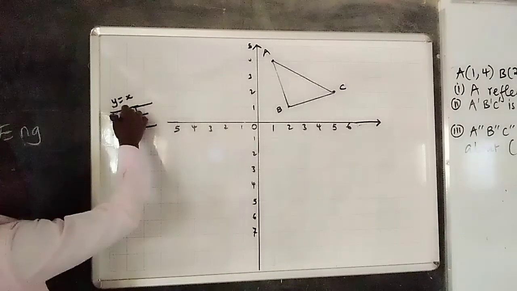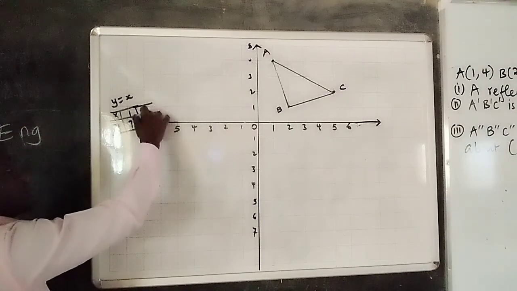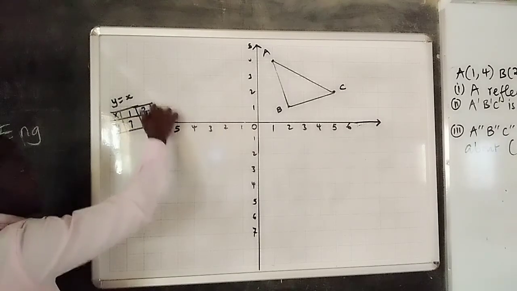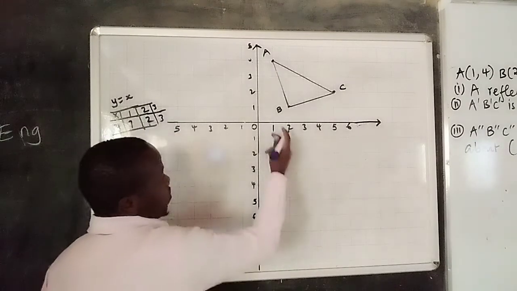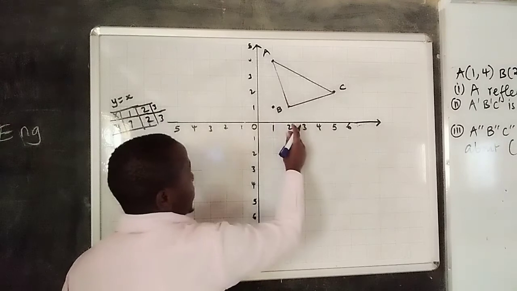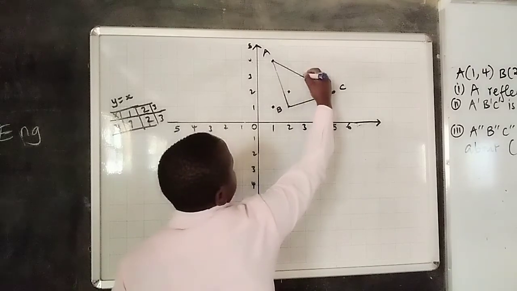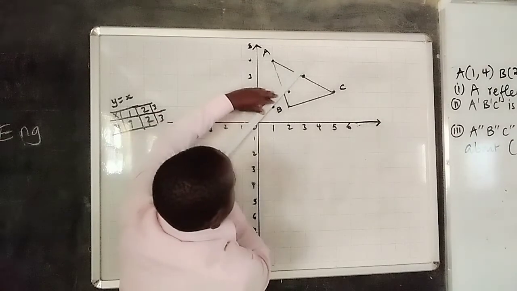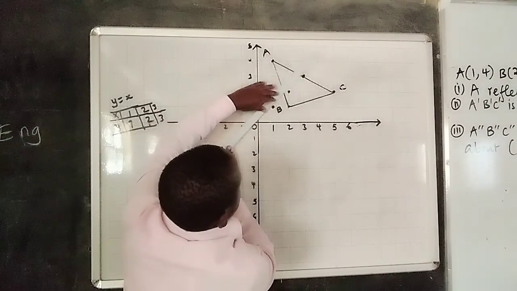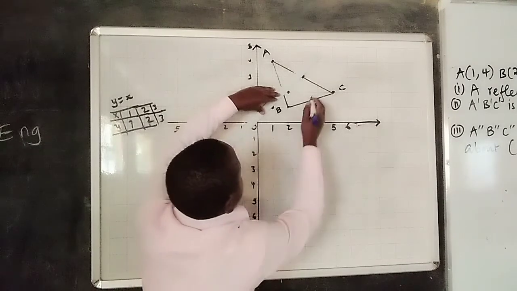If x is equal to y, when x is 1, y is 1; when x is 2, y is 2; when x is 3, y is 3. This should be the mirror line now.